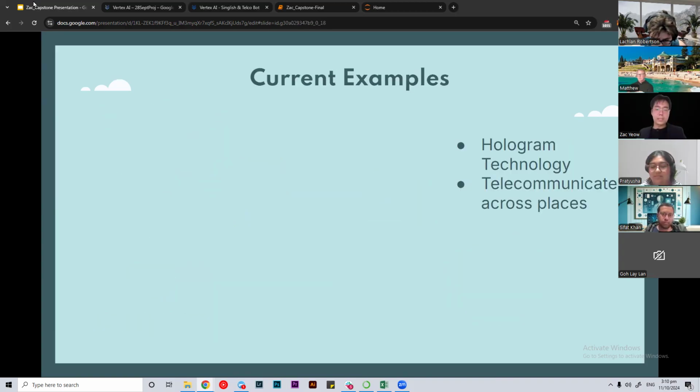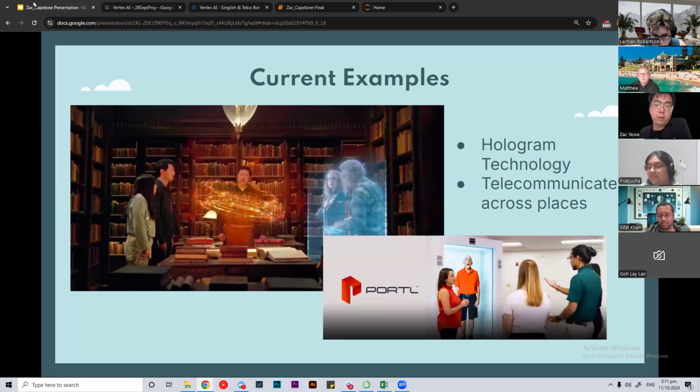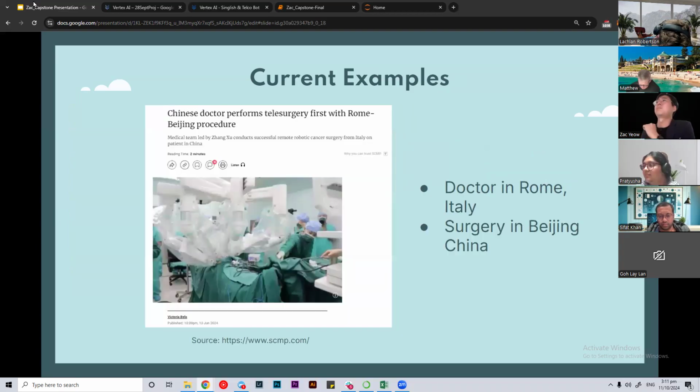One current example is hologram technology, not the wizards-from-Marvel-MCU kind, but to really telecommunicate across places. It's really ongoing. There's a company called Portal that's doing it. You can really see each other from different cities and even different places.